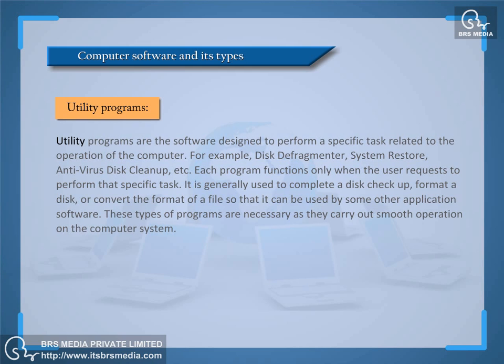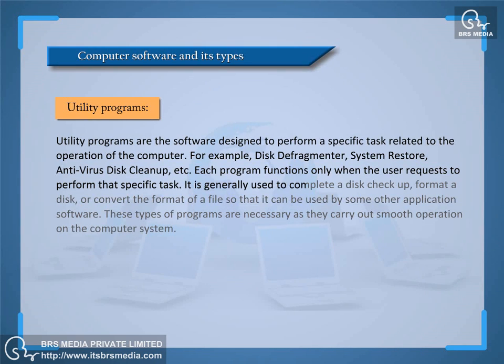Utility programs. Utility programs are software designed to perform a specific task related to the operation of the computer. For example, disk defragmenter, system restore, antivirus, disk cleanup, etc. Each program functions only when the user requests to perform that specific task.